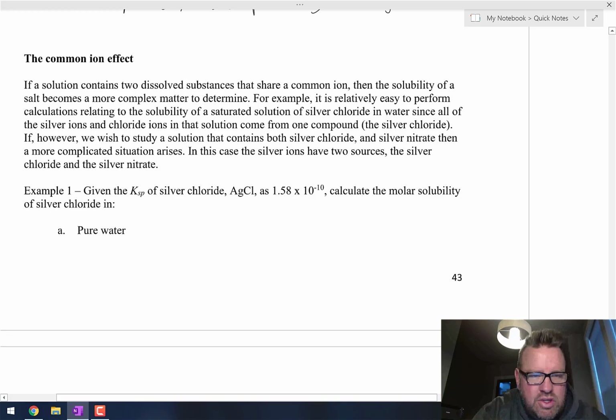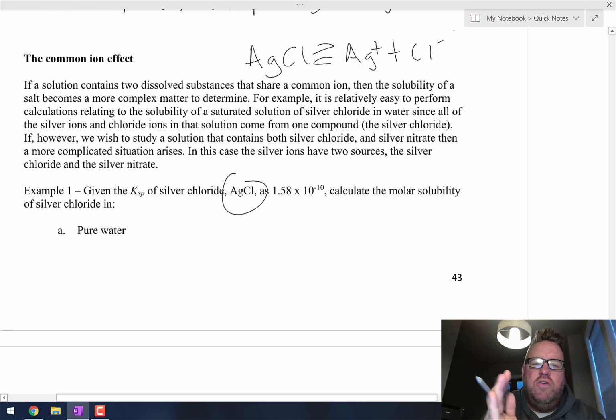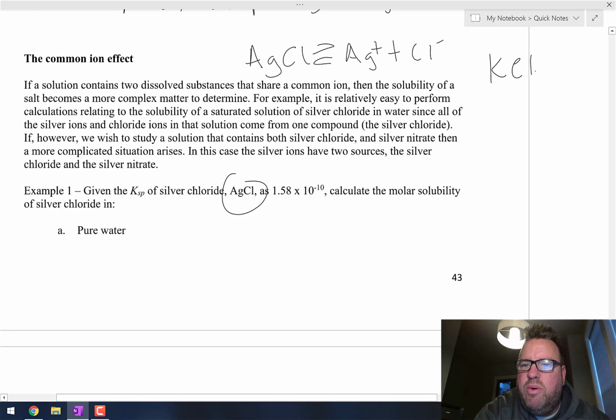So, if a solution contains two dissolved substances that share a common ion, let's look at AgCl. AgCl dissociates into Ag+ and Cl minus. So if you're dissolving it in something other than water, say some potassium chloride or some AgNO3, anything that is going to be soluble in it, you're going to produce chloride ions.